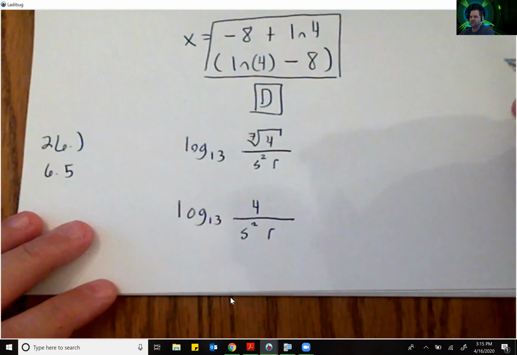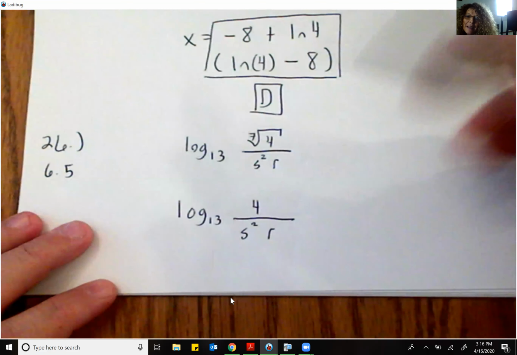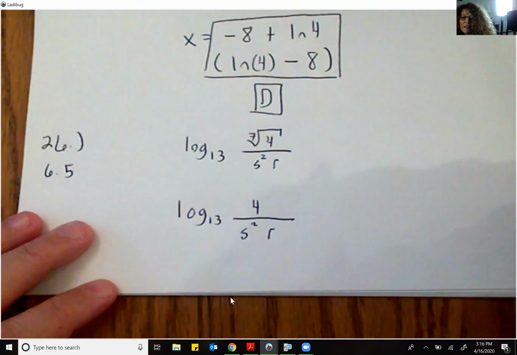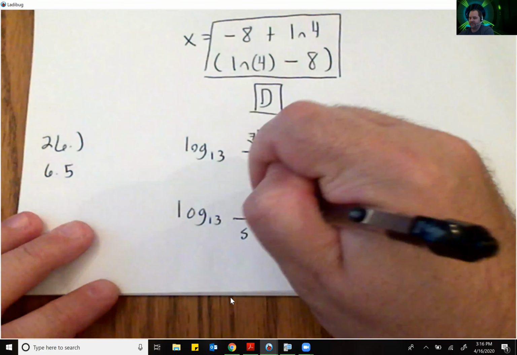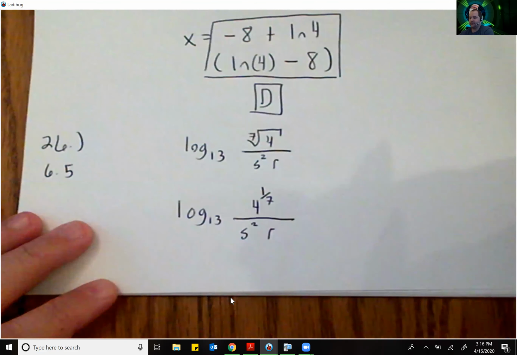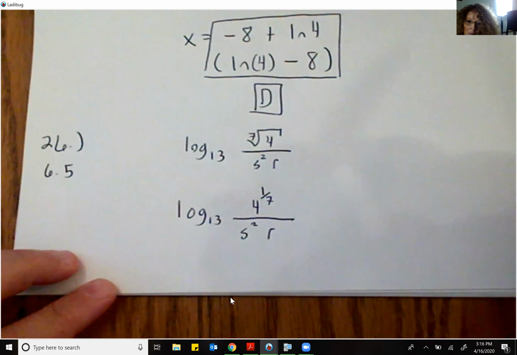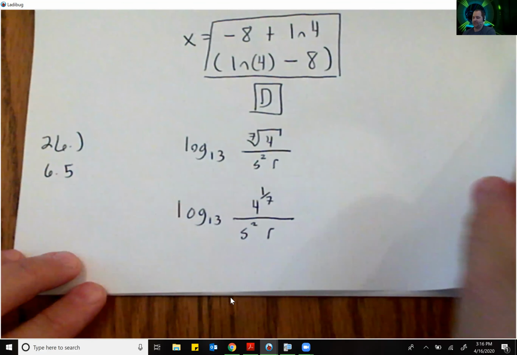I'll give you a hint. A square root is 1/2. A cube root is 1/3. What's a 7th root? 1/7. Okay. Now that we have that, we can start working on expanding.